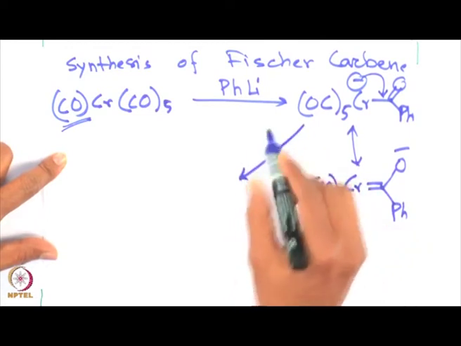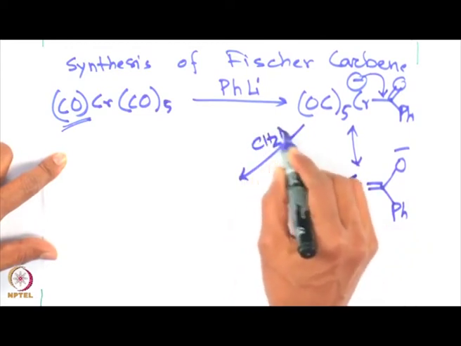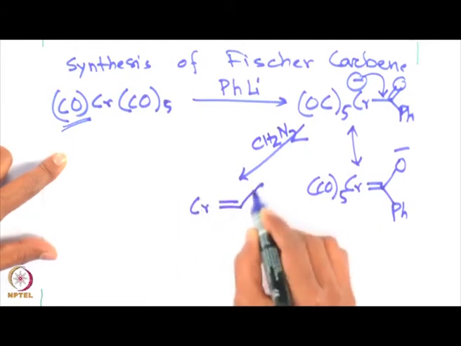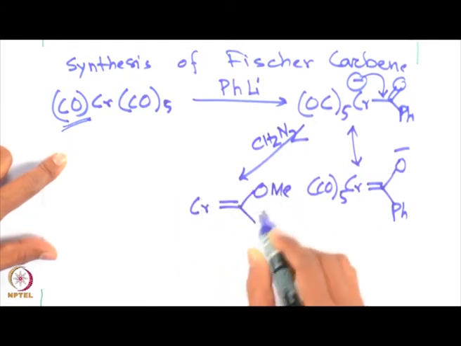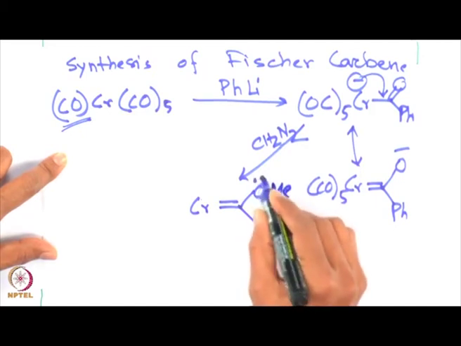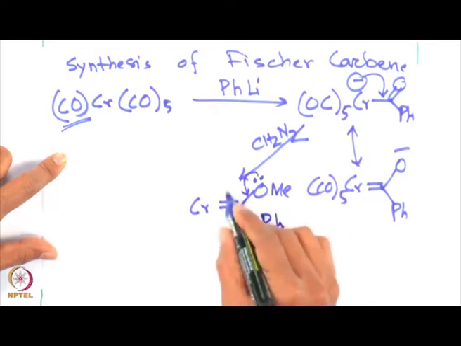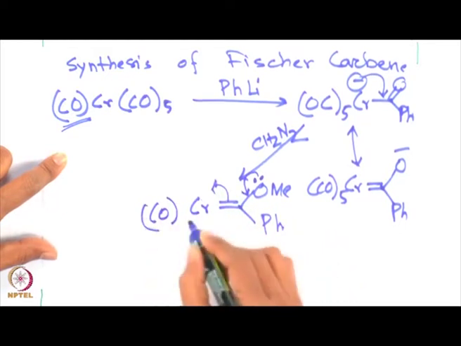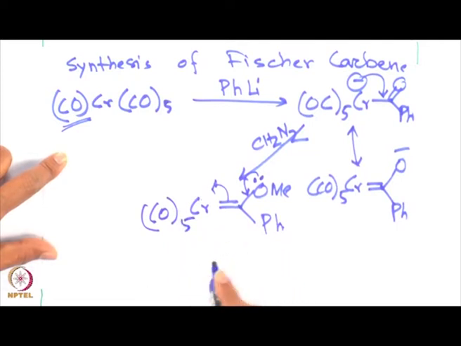From there on, if we react it with, let us say, diazomethane, we will get this usual Fischer carbene complex, where we have a pi donor type of ligand, and the pentacarbonyl is associated with the chromium species.